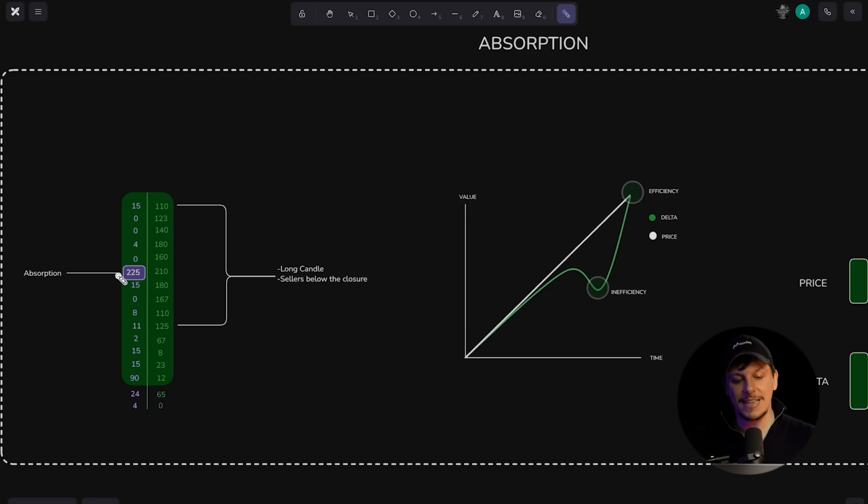This market order got completely absorbed on this horizontal level, and the price continued to push up and close the candle long. So you have the price going up, ignoring this small inefficiency in delta, and the delta follows through the price and the candle closes long.